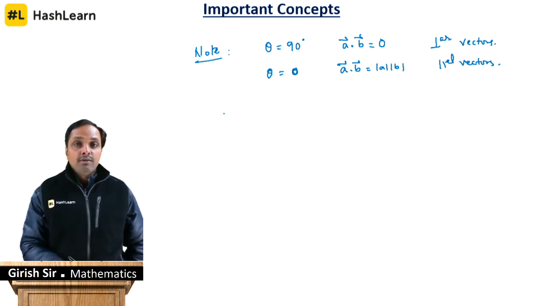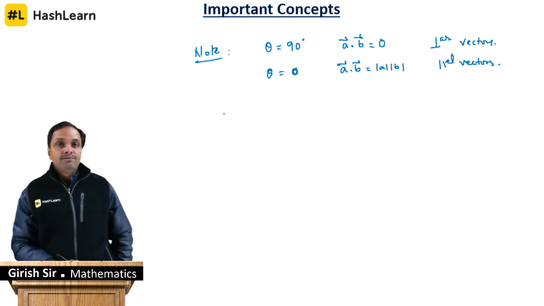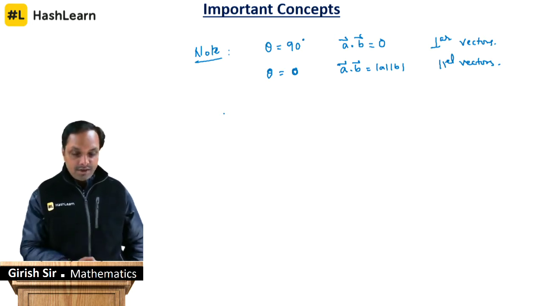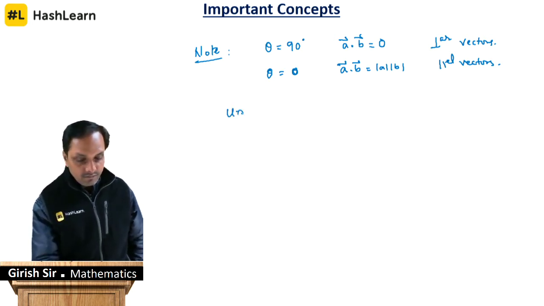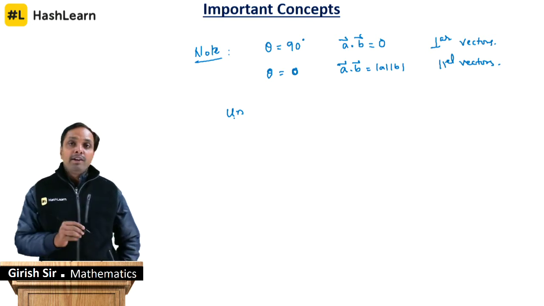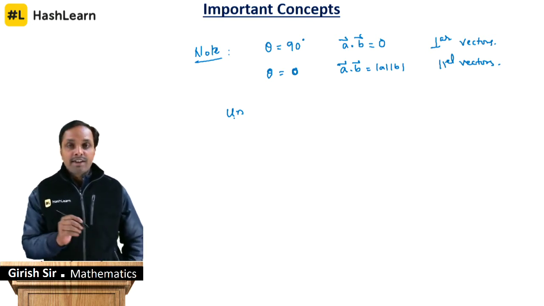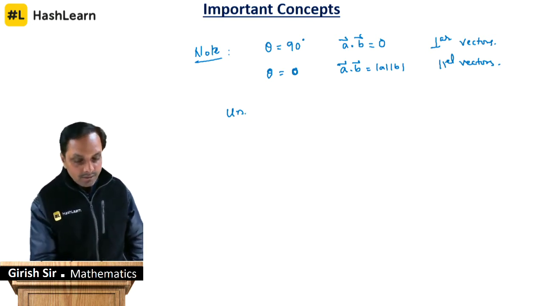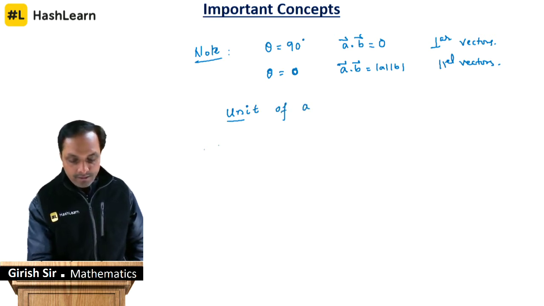In some cases, they tell you that two vectors are perpendicular. Then you need to say the unit vector of a perpendicular vector.